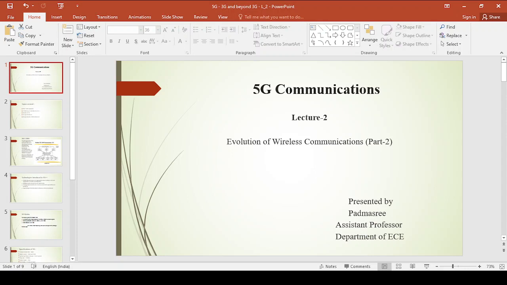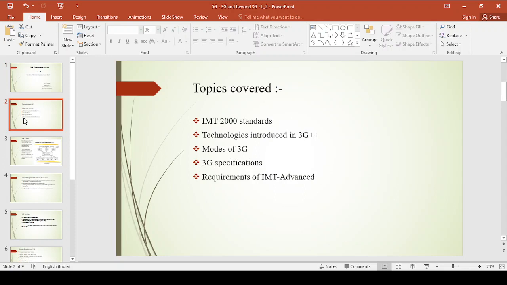Now, coming to lecture 2. In this lecture we will see the standards of IMT 2000, nothing but your third generation communication system, right? IMT 2000 or third generation system, both are the same. Later we will see the technologies introduced in beyond 3G, nothing but after 3G we have 3.5G and 3.9G also.